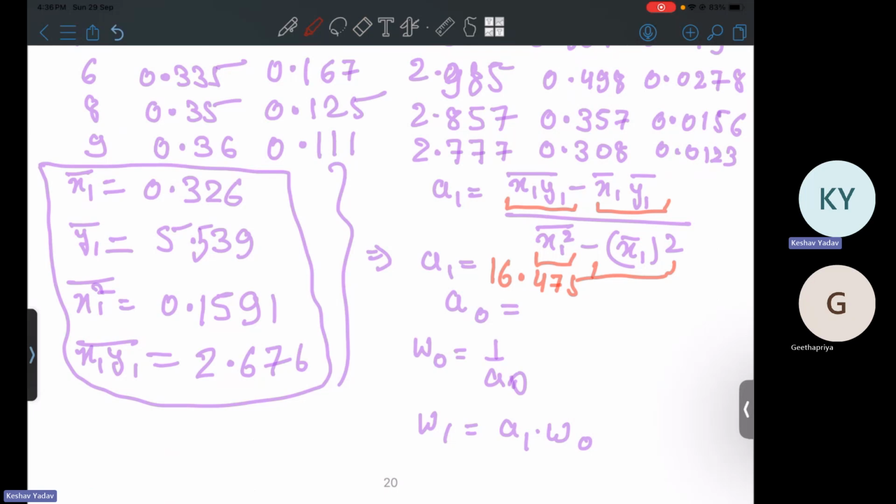What will be the value of A0 then? Y1 bar minus A1 X1 bar. So Y bar is 5.539 minus 16.475 multiplied by X1 bar 0.326.